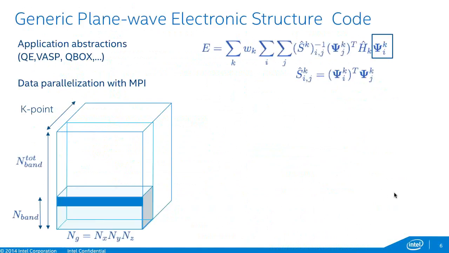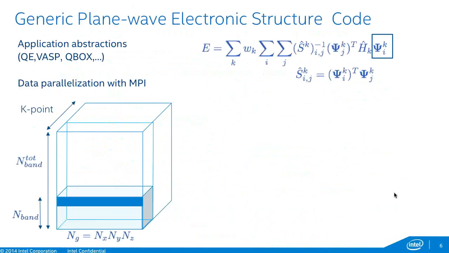And here we have a couple of dimensions. So we talked about K points, which run through one direction. And there is a large number of bands we have to compute, which go to the indices I and J. And each vector now contains another 3D grid, which involves X, Y, and Z directional grids.